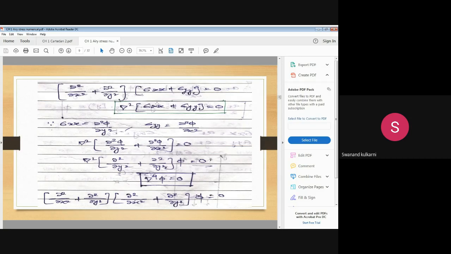If del square (σxx plus σyy) is equal to 0, and we are considering σxx as ∂²φ/∂y² and σyy as ∂²φ/∂x², then the potential function φ is taken outside, and here we have considered that del raised to 4 φ is equal to 0.